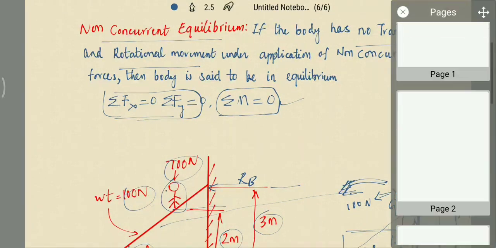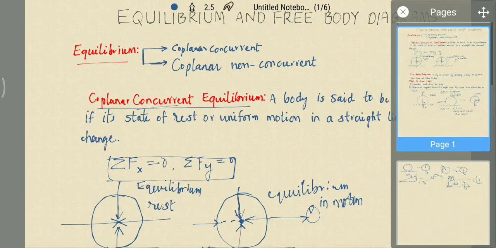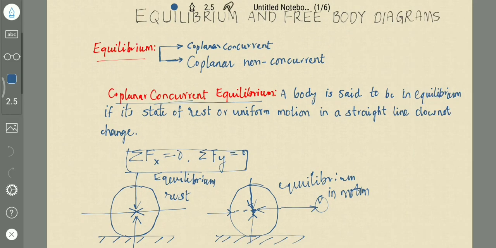Let us see the summary. First, equilibrium can be of two types: coplanar concurrent and coplanar non-concurrent. If a body is acted on by concurrent forces, then it is said to be in equilibrium if the state of rest or uniform motion does not change.